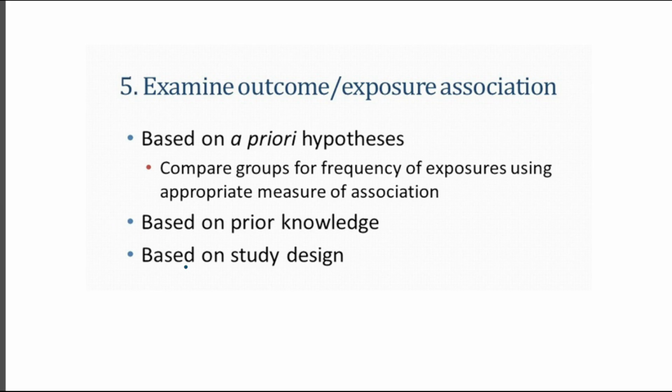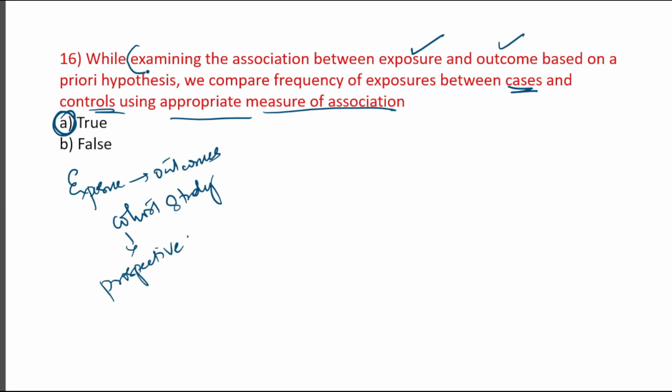See this chart. The information given is based on a priori hypothesis, prior knowledge, and study design; they are speaking about examining the association between outcome and exposure. So in our question, they asked about examining the association between exposure and outcome based on a priori hypothesis.